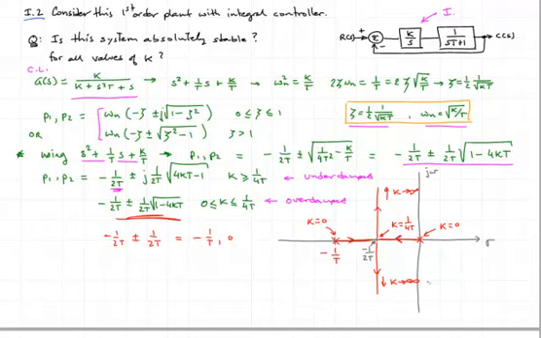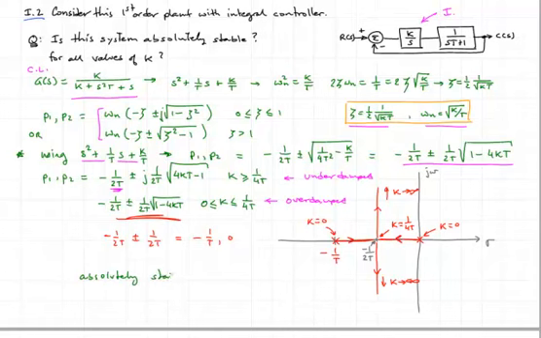However, we see that the root locus always runs vertical and never moves toward the j omega axis, and so the system does not become less stable, and it certainly does not become unstable. So we can see that this system is absolutely stable.